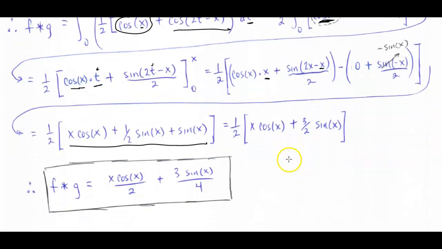And then, of course, from there, it's just a matter of distributing the 1/2 through, and then just simplifying as much as you can, and this is what we get. And so we see that cosine convolved with cosine actually gives us a sum of sine and x times cosine functions, okay?